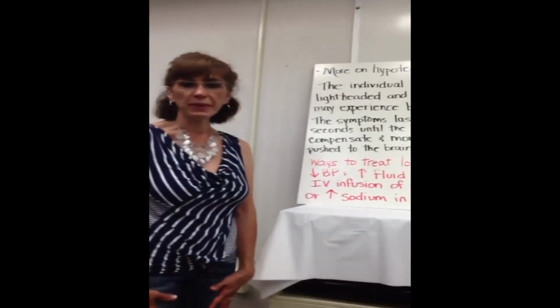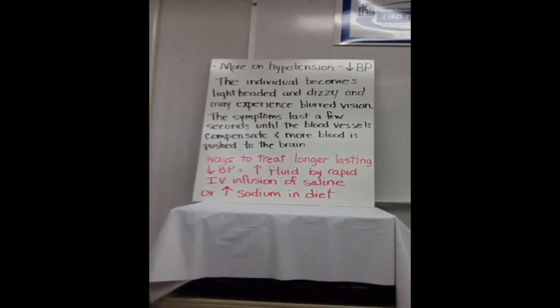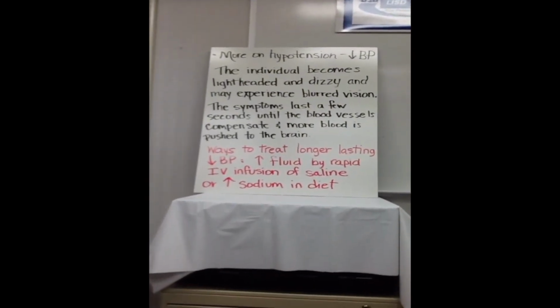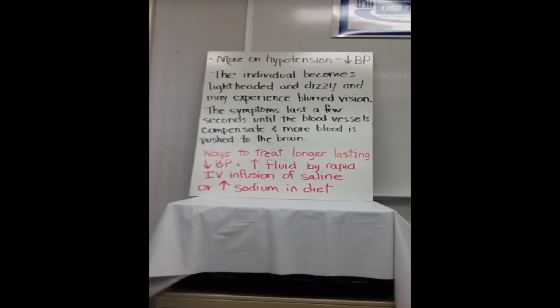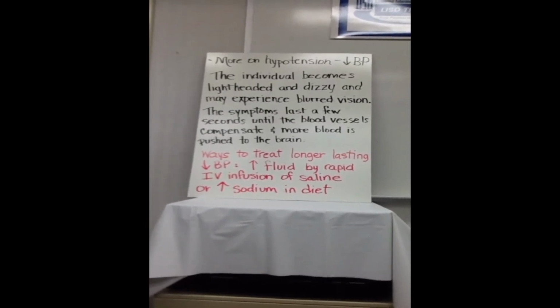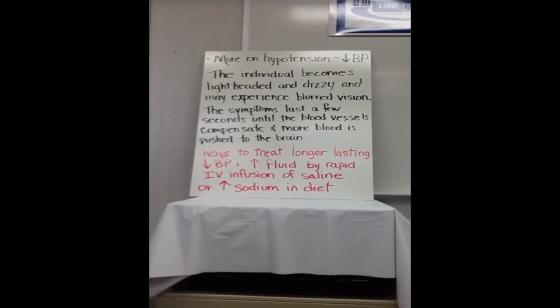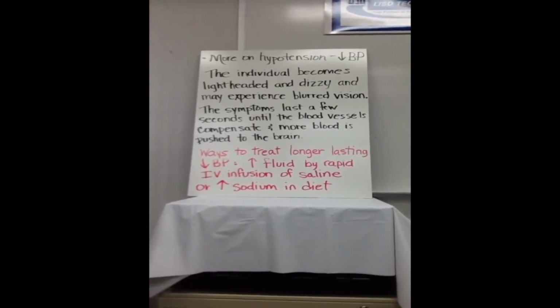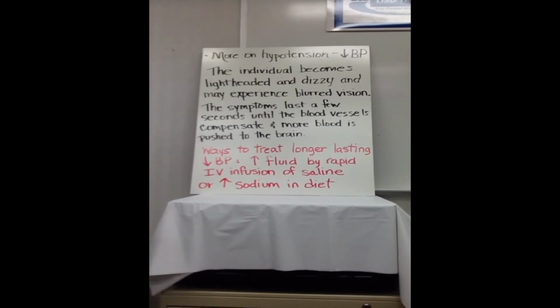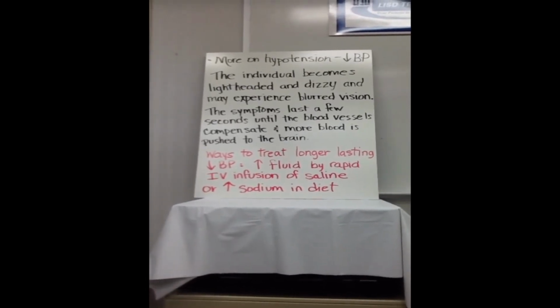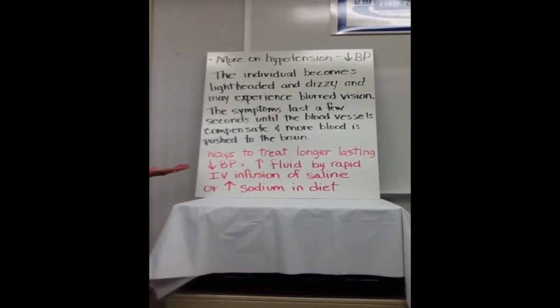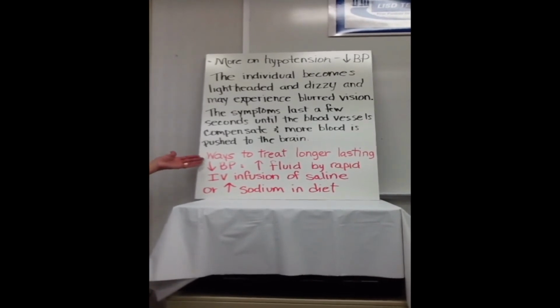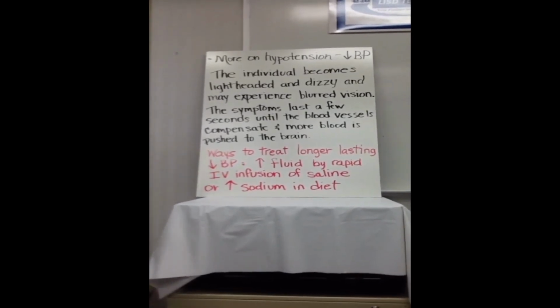And just a little bit more on hypotension or low blood pressure. The individual becomes lightheaded and dizzy and may have blurry vision like I talked about before. These symptoms can last a few seconds until the blood vessels compensate and more blood is pushed to the brain. But there are also times when the low blood pressure persists longer than that, and I just added a few ways to treat that.